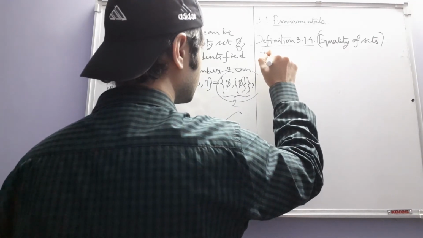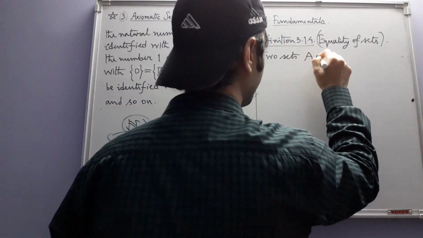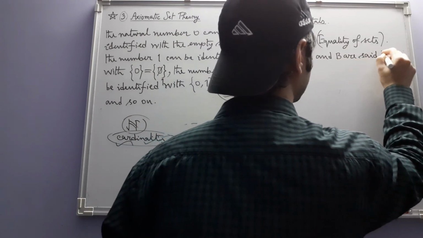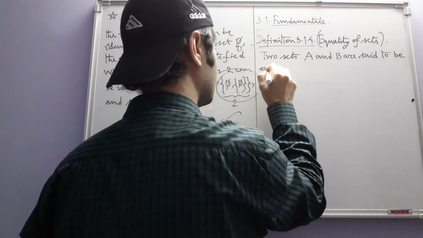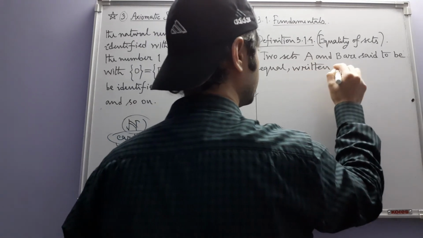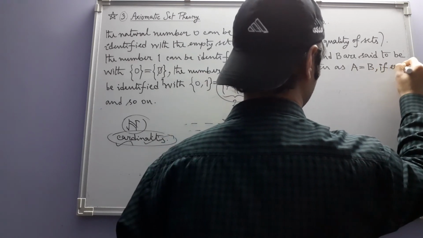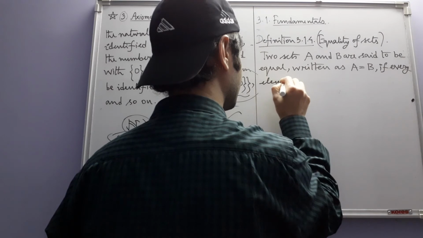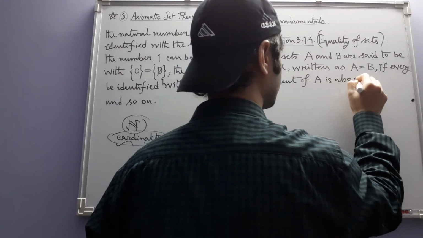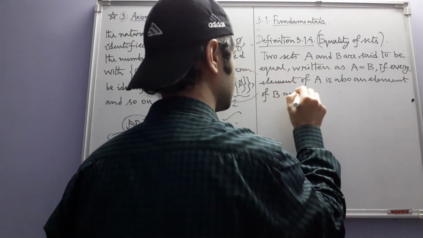Two sets A and B are said to be equal, which we write as A = B, if every element of A is also an element of B, and vice versa.